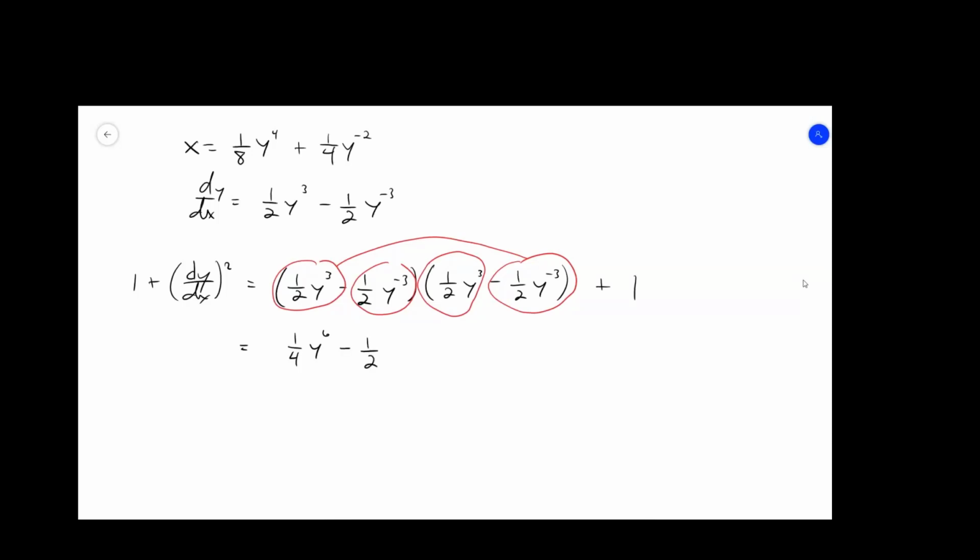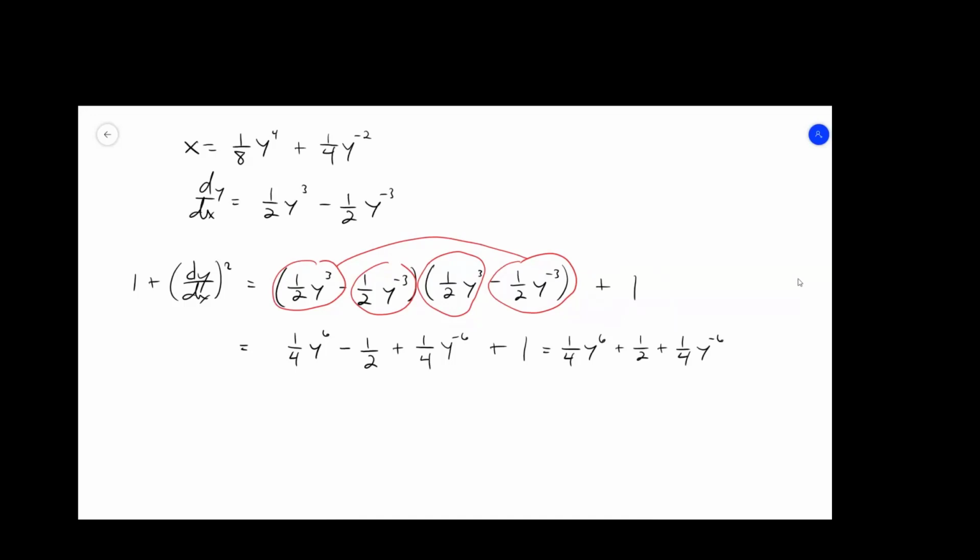And then finally, the last terms are going to get you this 1/4 y to the minus 6 power, and then this plus 1 is just sort of tacked onto the end there, right? That's from here, just what's under the radical. And again, the plus 1 and the minus 1/2 change this to then be 1/4 y to the 6th plus 1/2, and then plus 1/4 y to the minus 6th.